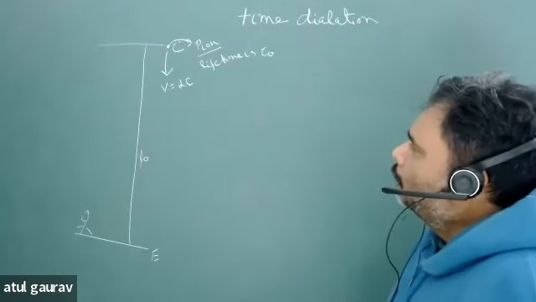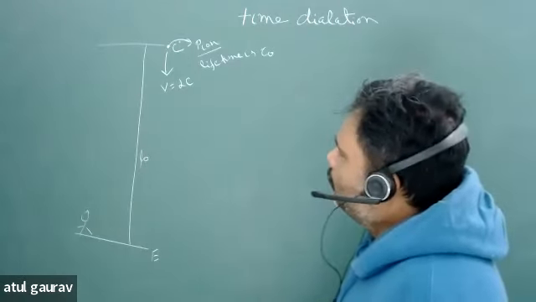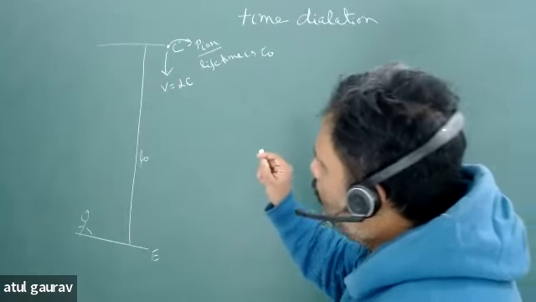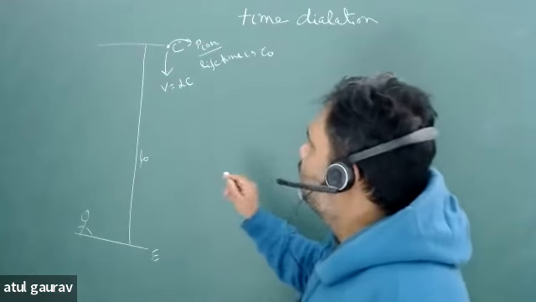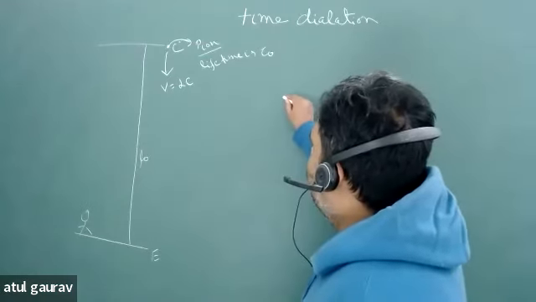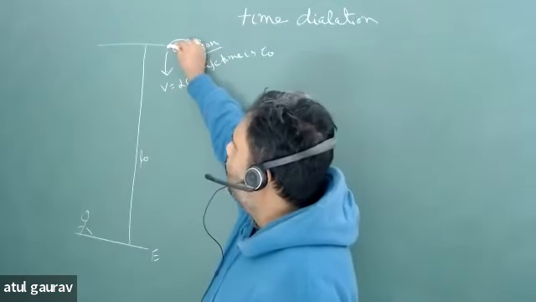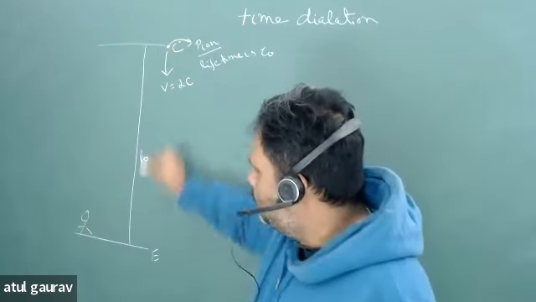So what is our observation? Our observation is that what is going to happen? The pion must travel this much of distance.